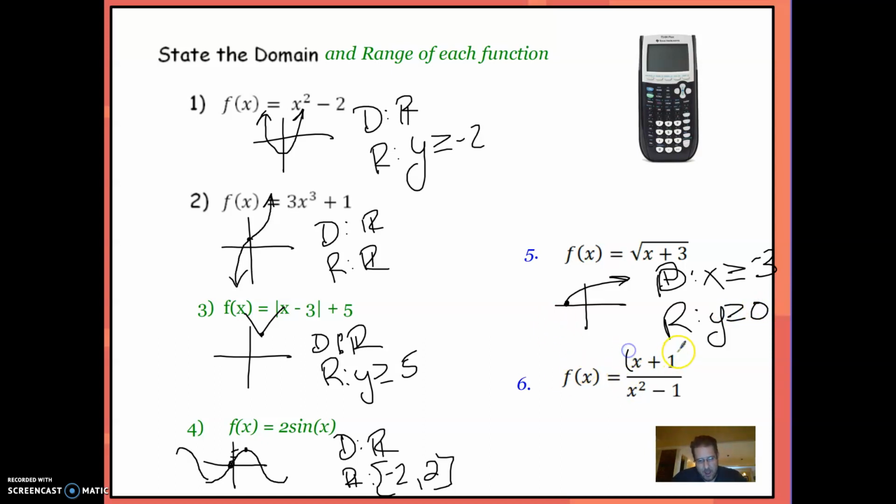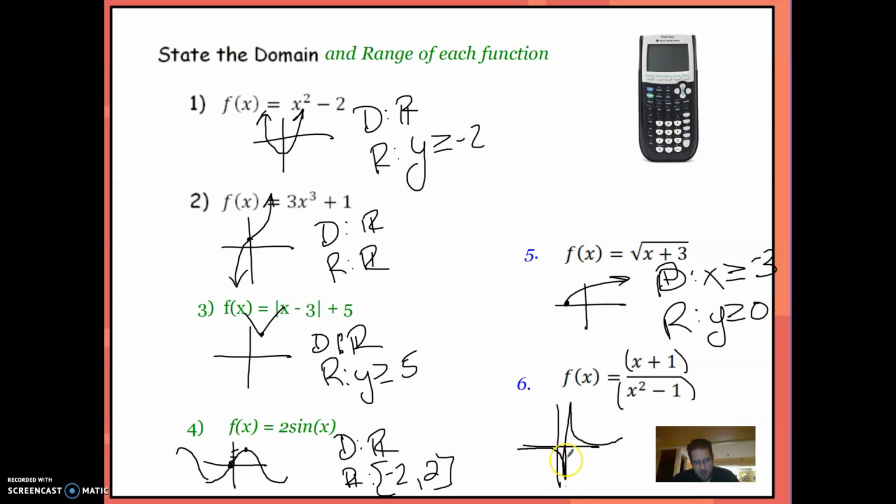Now, with the last one here, you got to put this in a calculator in parentheses, otherwise it's going to do it incorrectly. So what you have here is something that's, okay, this is going to be a crazy one to graph. All right, so this one's going to look kind of like this. It's going to go down, it's going to connect up, and then go like this.